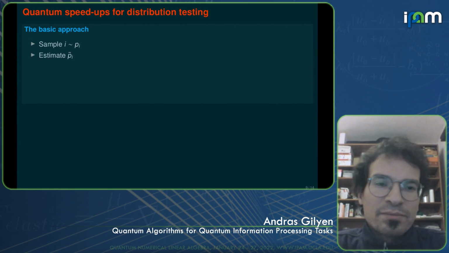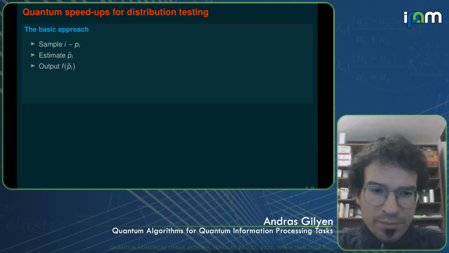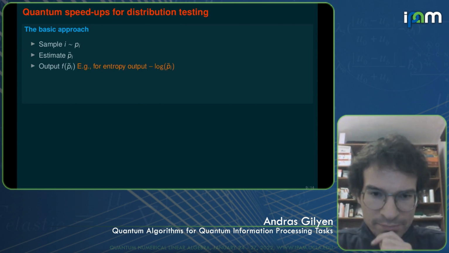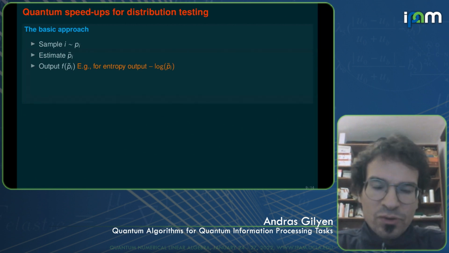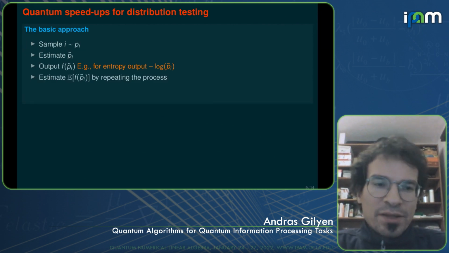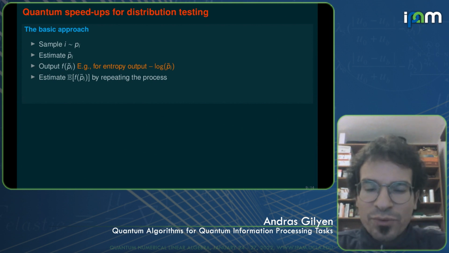Then you estimate by repeated sampling this probability Pi, and then you output some function of this estimate that you can compute. For example, if you wanted to compute the entropy of a distribution, then you would output the logarithm of this estimate that you get. And by repeating the entire process so far, you can get an estimate of the expectation value of this f of Pi, which would be, for example, the Shannon entropy. F is the logarithm that we choose.